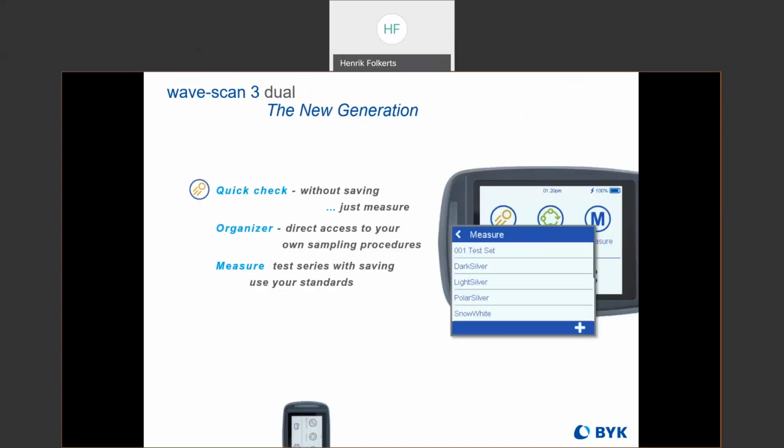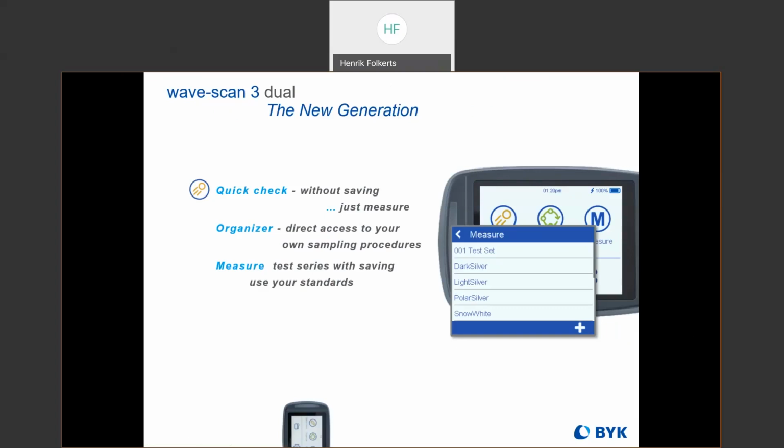And then we have the brand new generation of WaveScans, the WaveScan 3 and the WaveScan 3 Dual for measuring those higher dullness surfaces. So this is a very recently released instrument. It has a pretty nifty color touchscreen. It's a bit easier to use than the older model.